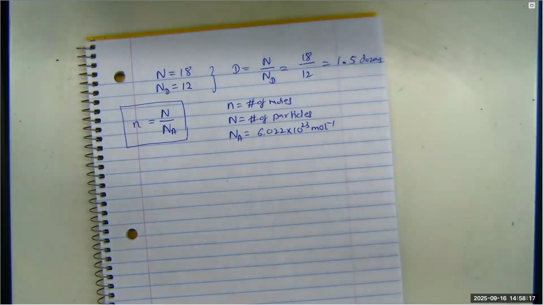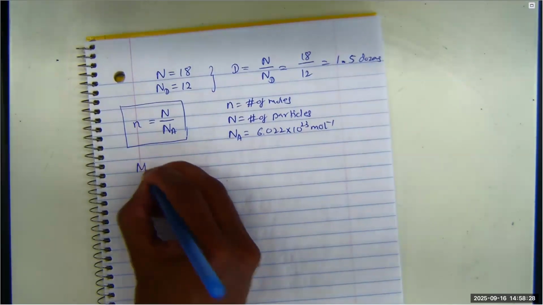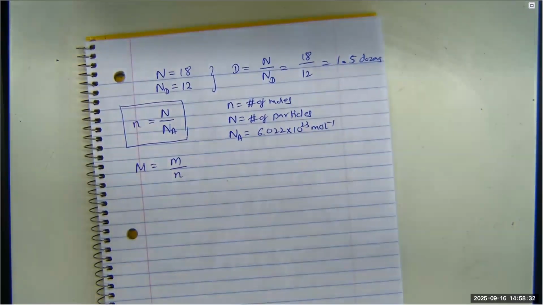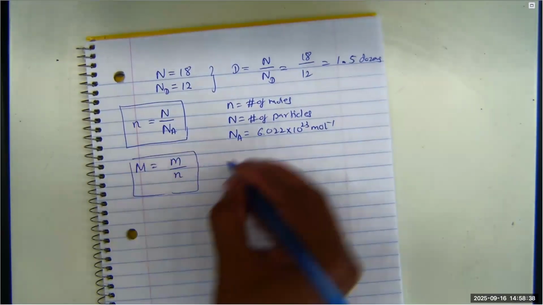Okay. And then the only other equation we need is the molar mass. So the molar mass is mass divided by the number of moles. Or if you want to, you can rearrange this, but I'm going to leave it like this.